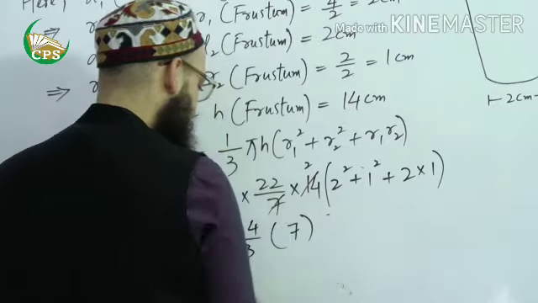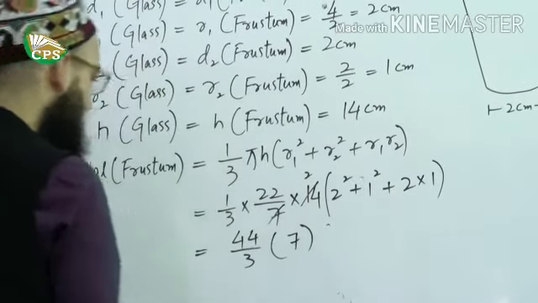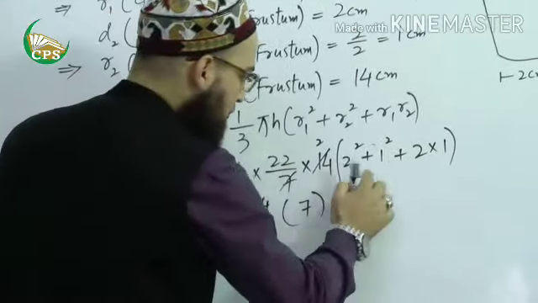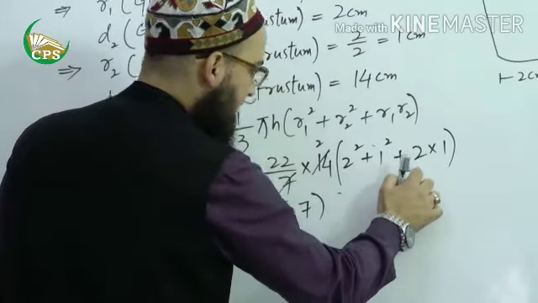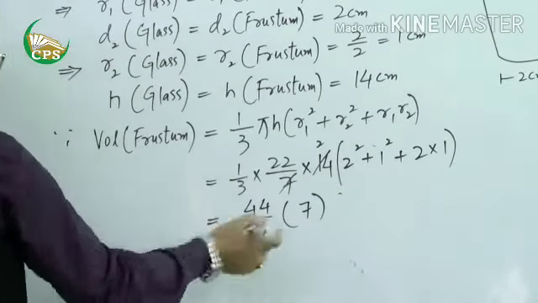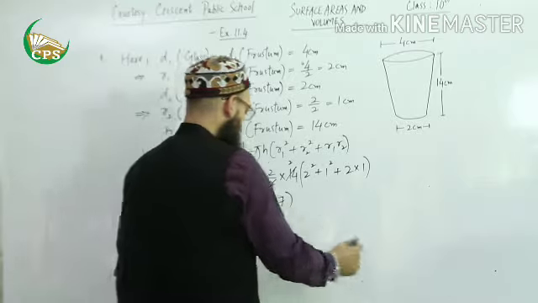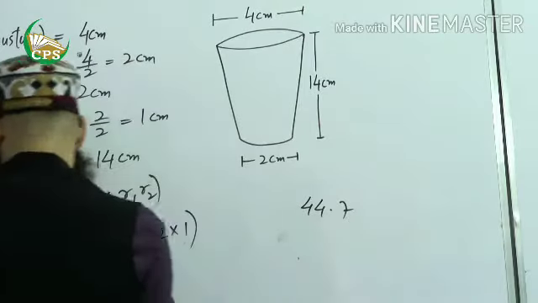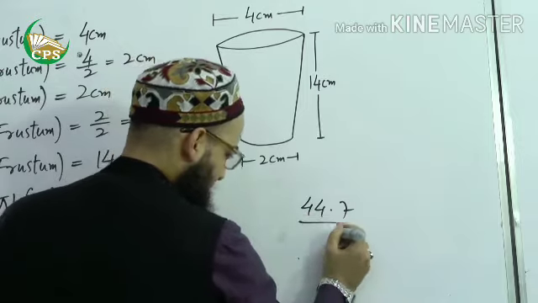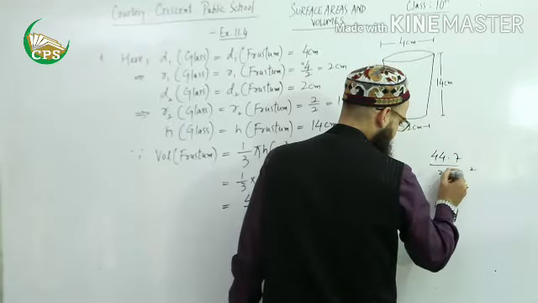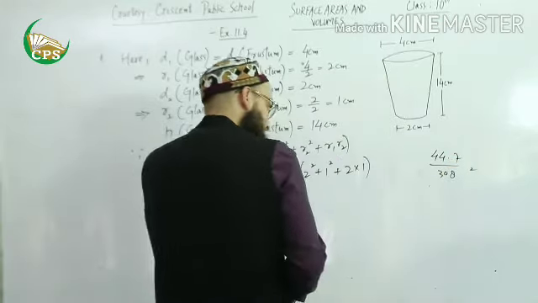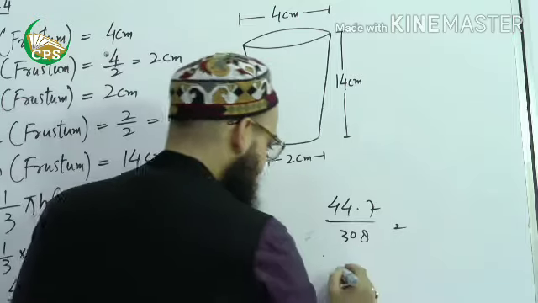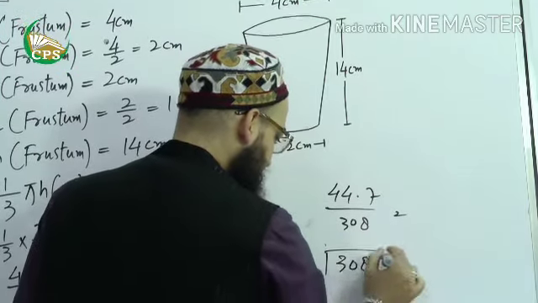So it's 7 like this. Now 44 times 7, we can do the multiplication simply. So this is 308. Then we have divided by 3.